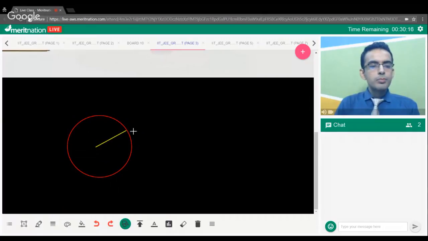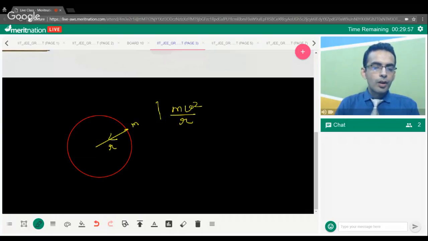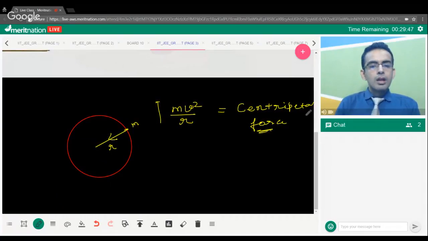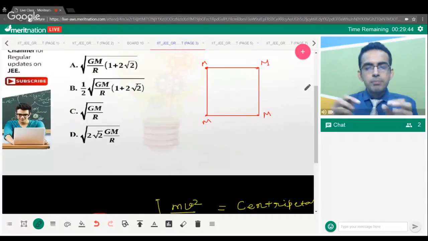In order to make something of, let's say, mass small m, move in a circle of radius small r, a force is required towards the center of the circle, and the magnitude should be equal to mv square by r. And that force is called centripetal force. So in this given case, the net gravitational force on each particle must be acting as the centripetal force.